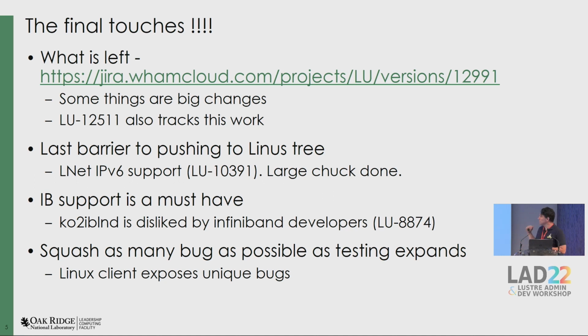And of course, as testing expands and these newer features land, we keep testing to make sure. One of the unique things about it, much like ARM, is that there are strange bugs found only on the native client that you'll never see elsewhere. There are things I can reproduce. Sometimes one client will say, oh, we have this bug, but we hit it in 1 in 100 runs. And I'm like, I can see it every single time with the native client.